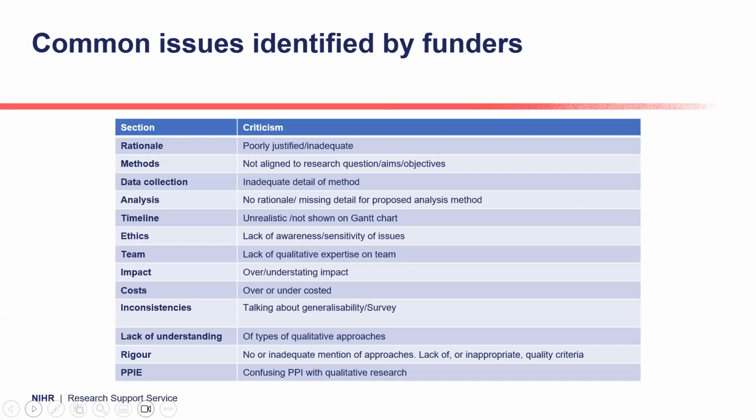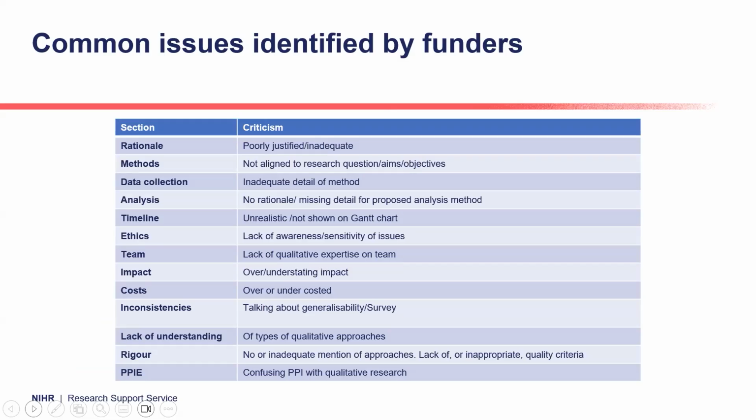So here is a list of common issues identified by the funders. As you can see on the left-hand side, the main issues to consider and ensure you address adequately in your grant application relate to almost all sections, not just the research plan.